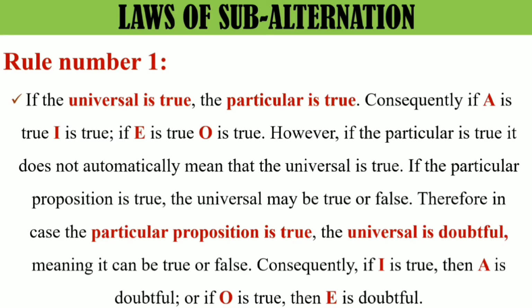If A is true, I is true. If E is true, O is true. However, if the particular is true, it does not automatically mean that the universal is true.